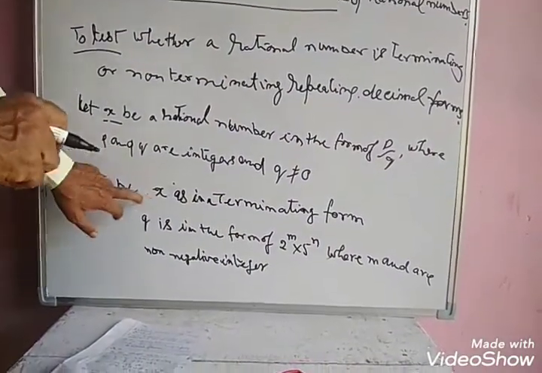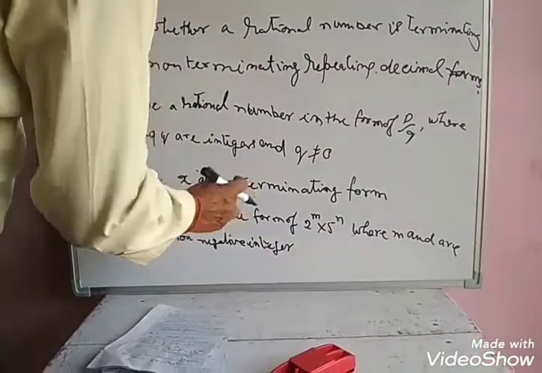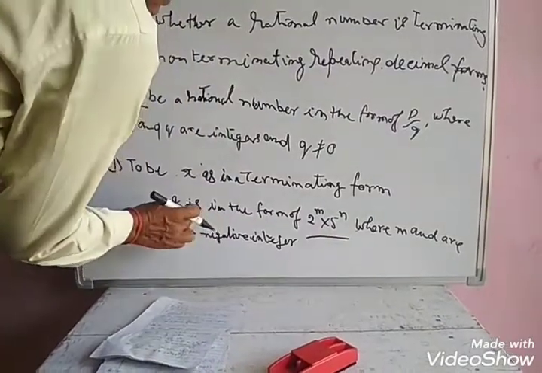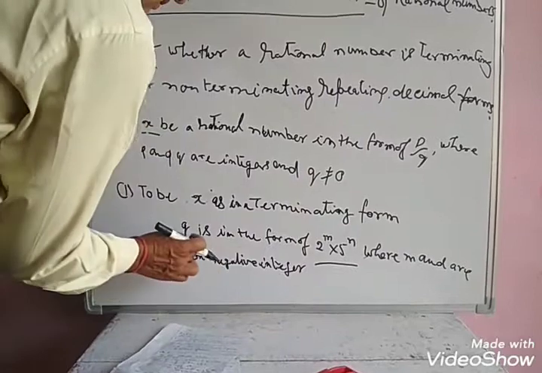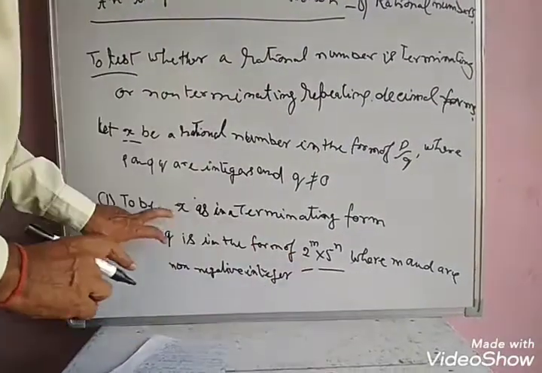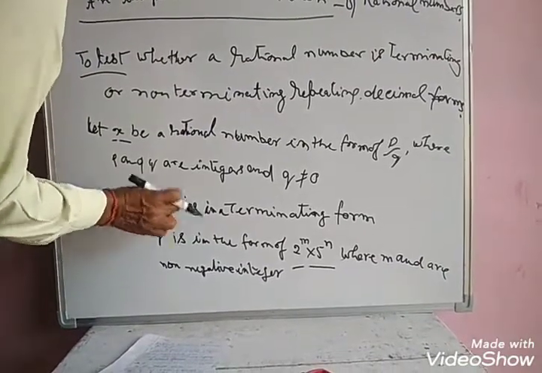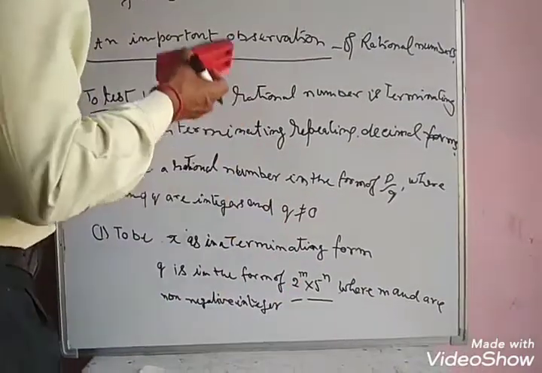So for x to be any rational number in terminating form, q must follow this value. It must be in the form of 2 to the power m into 5 to the power n. Then we can say that x, meaning any rational number, is in the form of a terminating decimal.